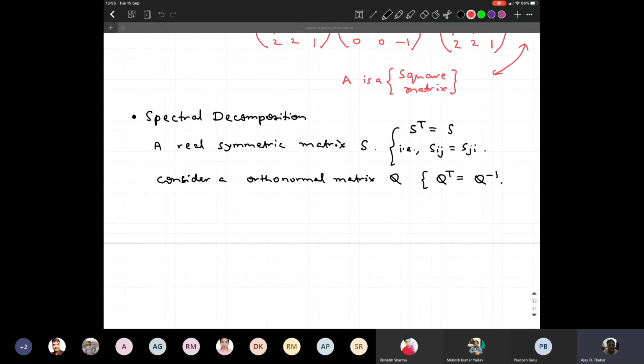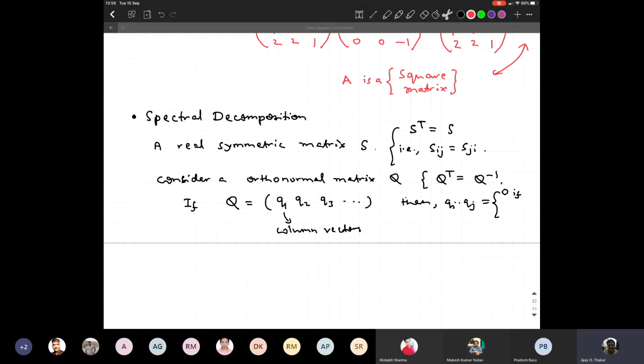And if this orthonormal matrix is represented as Q1, Q2, Q3 and so on, so these are respectively the column vectors Qj, then Qi dotted with Qj is going to be 1 or 0. So basically 0 if i is not equal to j.